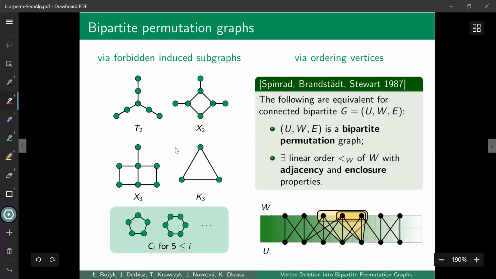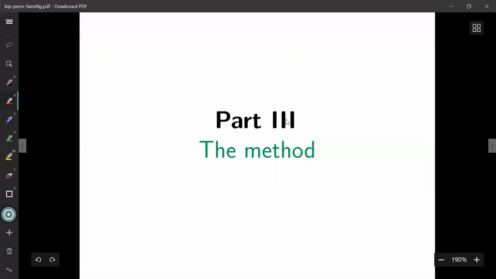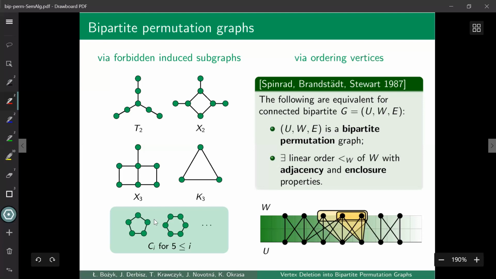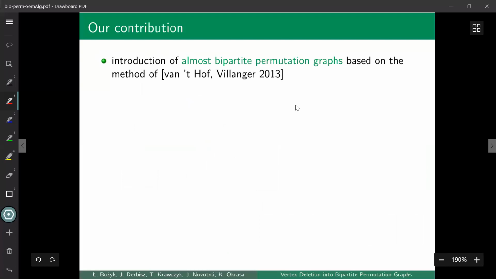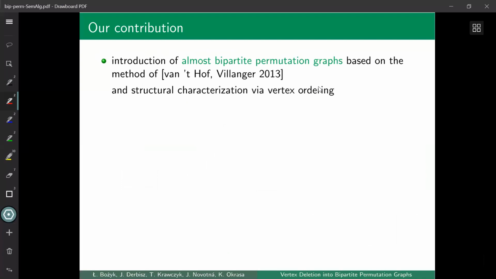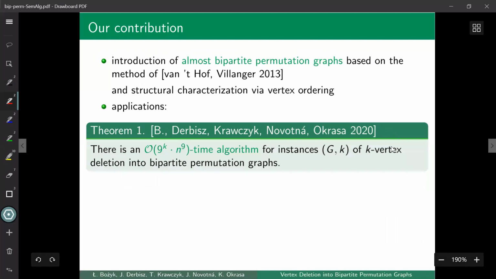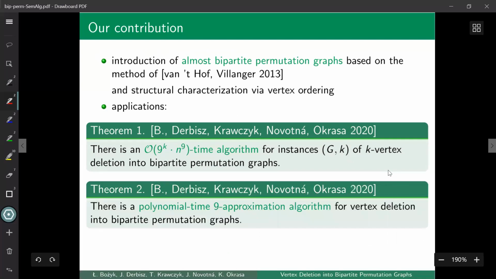This is our step in the proof: to define such a class after removing some finite number of graphs from here. We call this class the almost bipartite permutation class, and we prove a structural theorem about it. This allows us to say that k-vertex deletion has about 9 to the k times n to the 9 time algorithm, so an FPT one. And we can also derive from the same approach, by slight modification, a 9-approximation algorithm for vertex deletion in polynomial time.